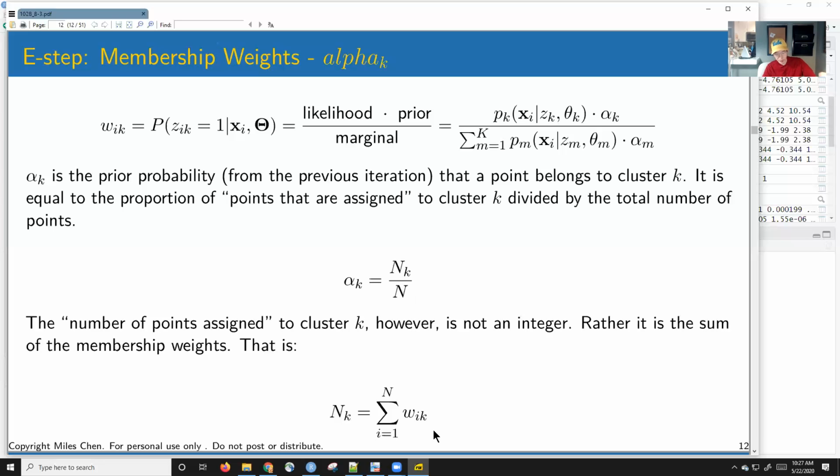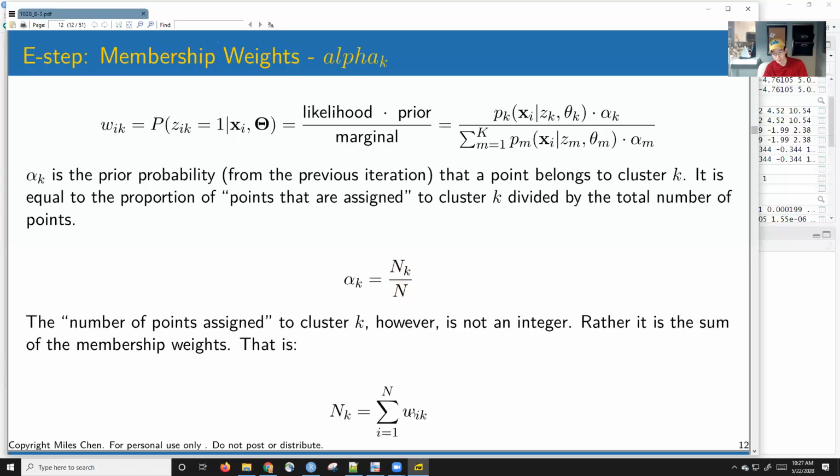Then maybe another point has a 30% probability of belonging to the cluster. So the ending number could end up being some non-integer like 452.7, and you would do 452.7 divided by the total number of points, n.